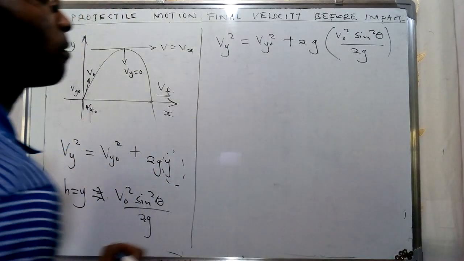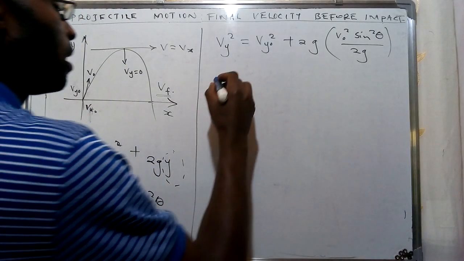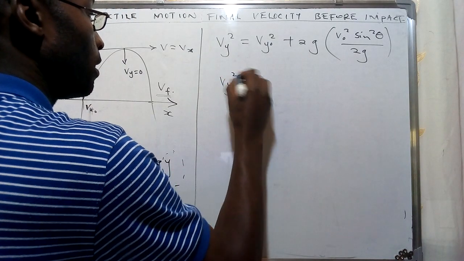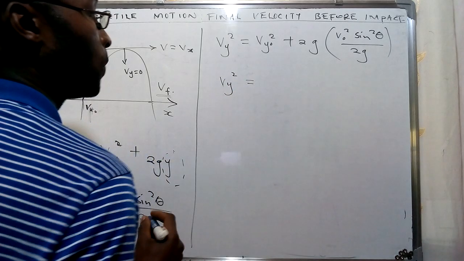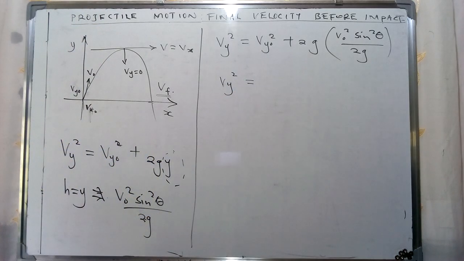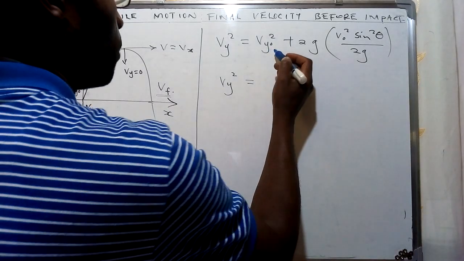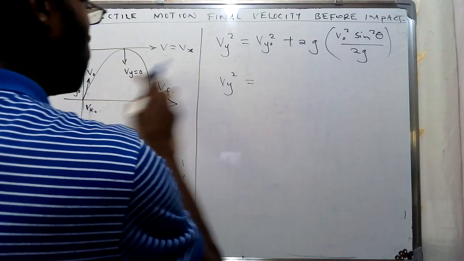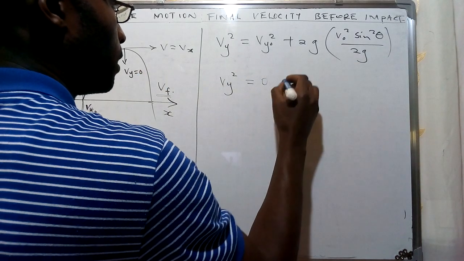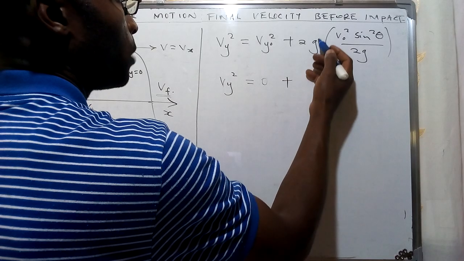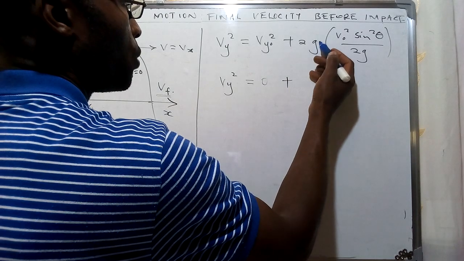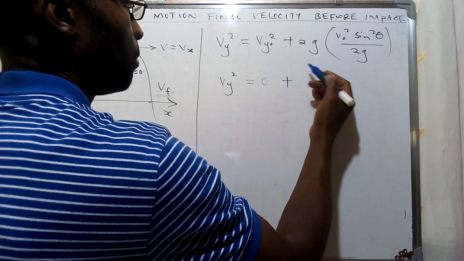So this is going to give us a version of the equation whereby vy squared is equivalent to, as I said, we do a substitution for this value, whereby we have this component at the maximum height given as 0. So if you look at this 2g, it is the same as the denominator of that one.